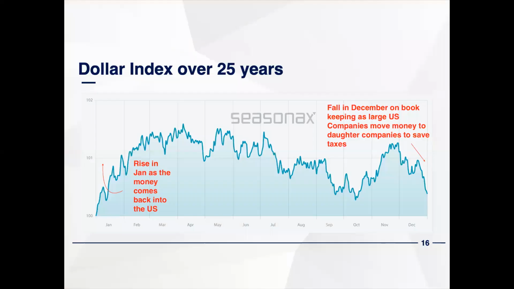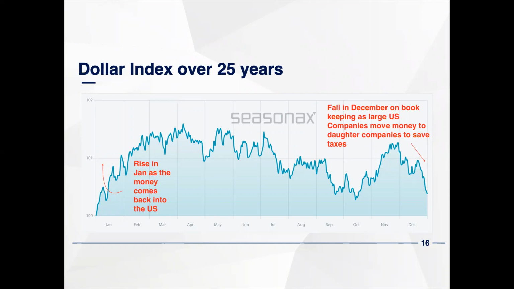Okay, so one thing to note here that's very interesting is this movement in the dollar index. You can see here, this is a seasonalized chart with the 100 being the base level, and the rise in the blue line shows a seasonal strength, and a fall in the blue line shows a seasonal weakness.